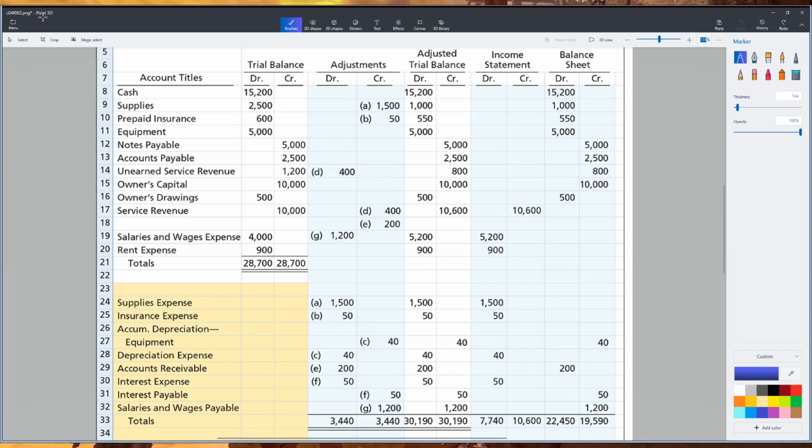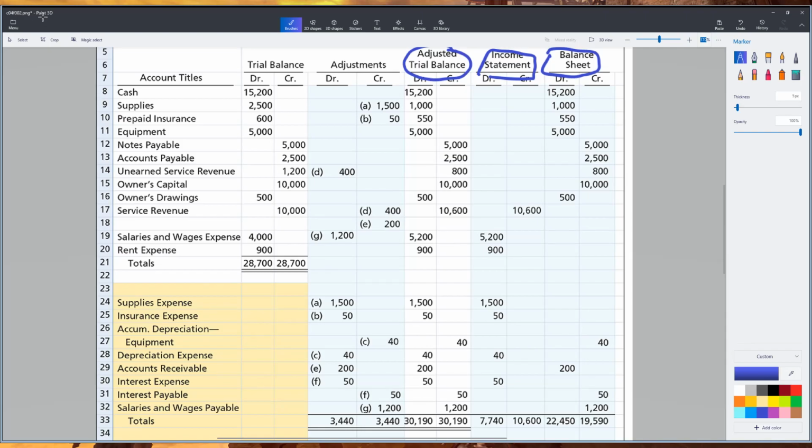We have the adjusted trial balance, and we now have all of this information, and we can use this information in going to the financial statements. This particular worksheet has already done the work for us in that it has now split off the information into the income statement and the balance sheet. Now, obviously, there's one additional item.